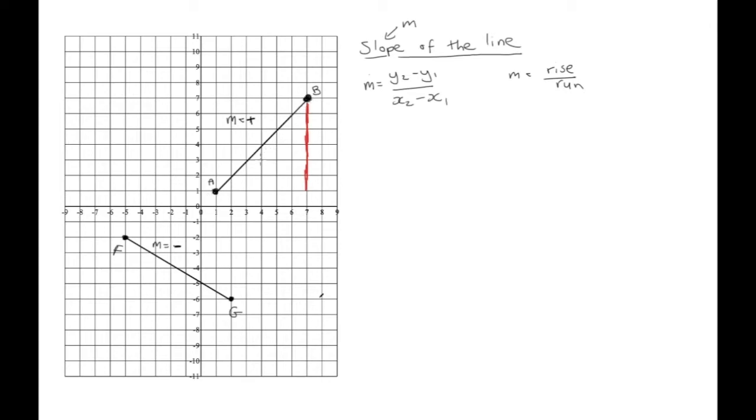Well, if we look at A is at 1 on the y-axis, and B is at 7. So the difference between 1 and 7 minus 1 is 6. And we can see here 1, 2, 3, 4, 5, 6. So the rise is 6.